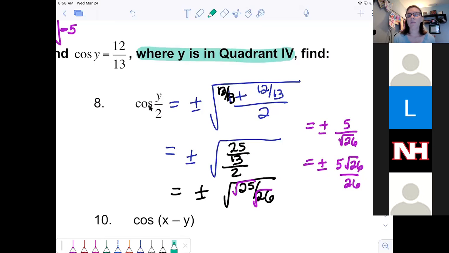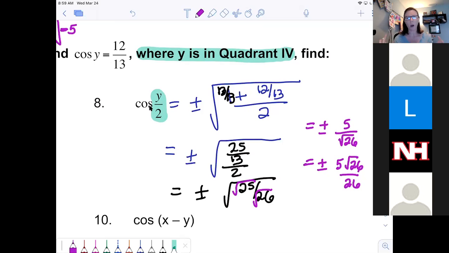However, you're not finding y, you're finding y over 2. You're finding the half angle. So that means y is in the 4th quadrant, but the half angle is not in the 4th quadrant. And in order to decide if it's a plus or a minus answer, you need to determine the quadrant of the half angle. So if I have the 4th quadrant, Peter, what angles would be located for the 4th quadrant?